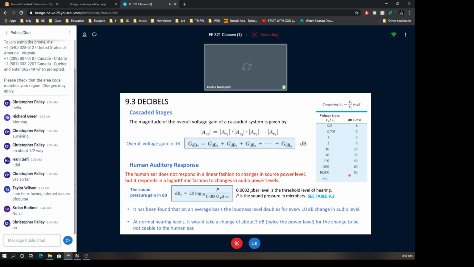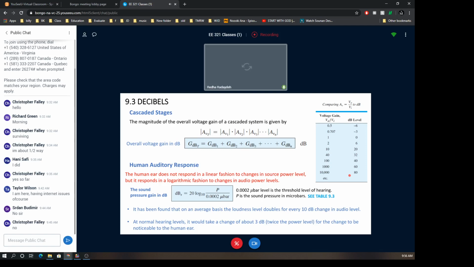Okay, so one of the good applications of what we are talking about now is the human auditory response. The sound pressure is given in dB. Pressure is like voltage, it's like a signal. That's why when we express the pressure in dB, we use 20 log instead of 10, just to distinguish it from power.